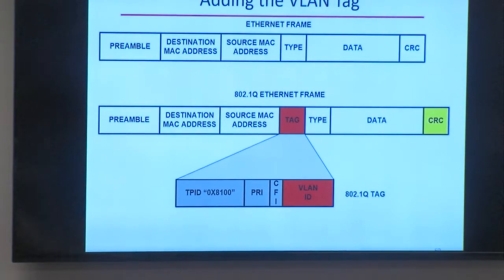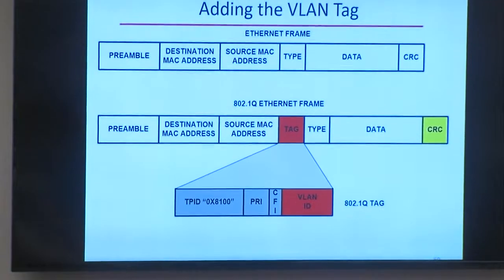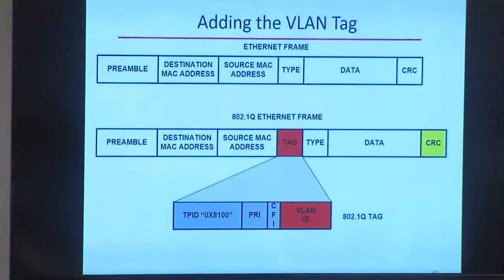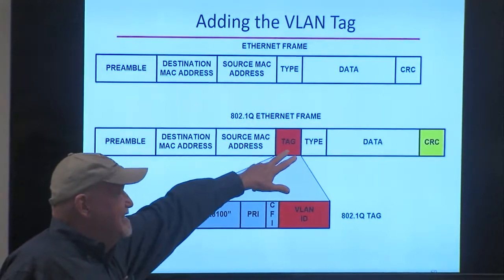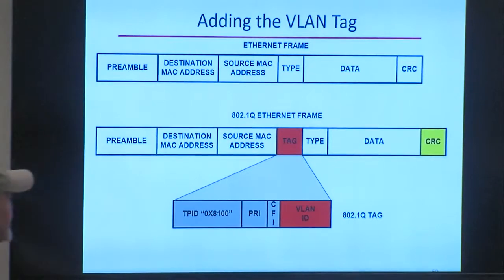This is an example where we are now going to modify a frame. Remember I said switching or bridging was transparent because we don't modify the contents? Well, this is a situation where we are going to modify it. We're going to insert a VLAN tag into the header information.